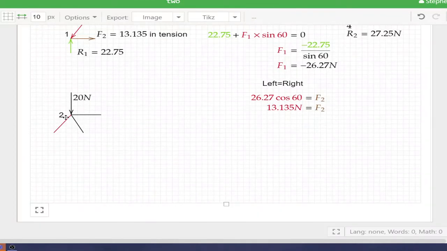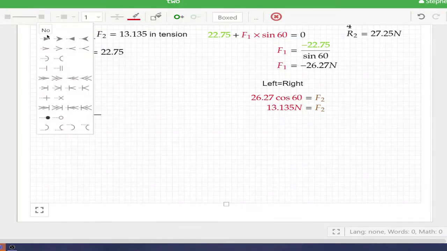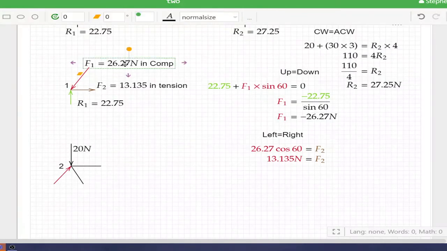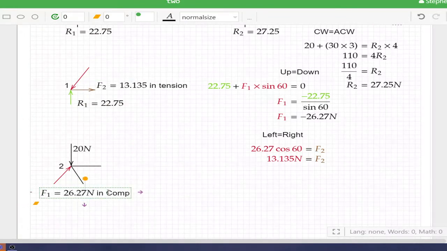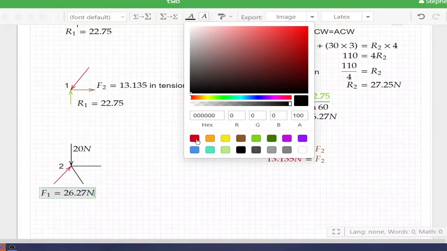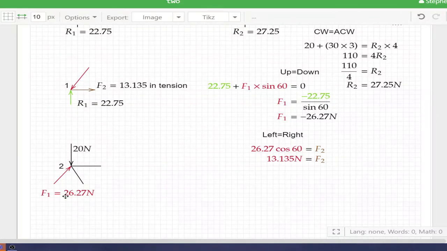So when we zoom in on this corner, we've got an arrow coming that way, and we know that is F1, and that is 26.27 newtons. I've put that in red just to keep us on the straight and narrow.